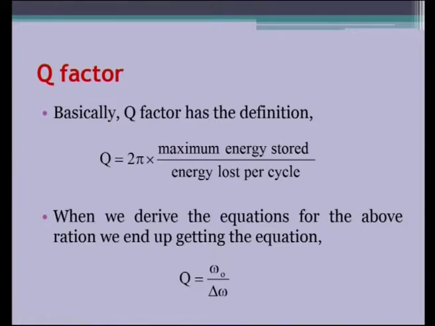When we try to derive the final expression for this term, the 2 pi multiplied with the maximum energy stored in the system over the energy lost per cycle, we will end up getting this value itself. So, we will not be giving importance to the mathematical simplification, but rather we will use this final equation Q is equal to omega naught divided by delta omega. But nevertheless, we will see why this definition is given.